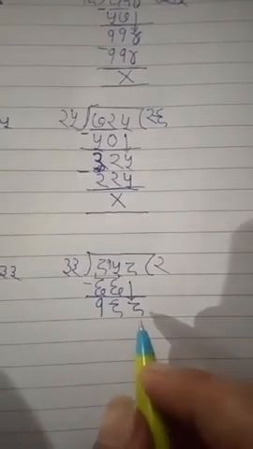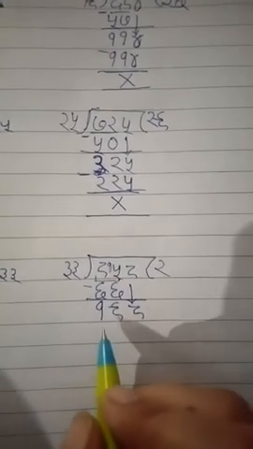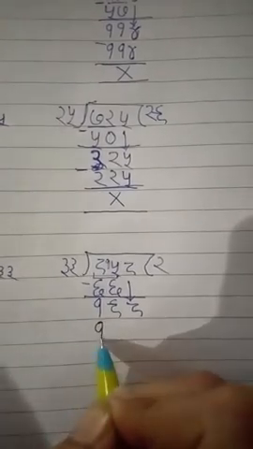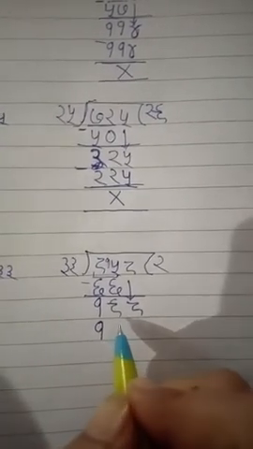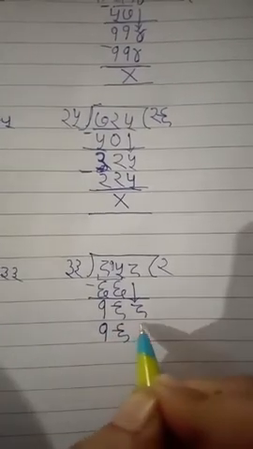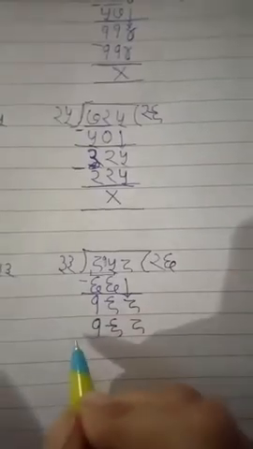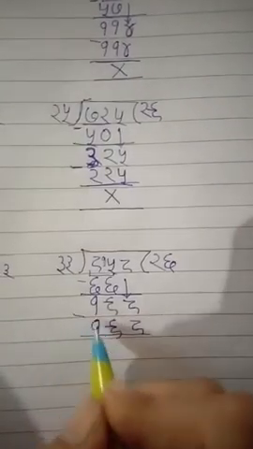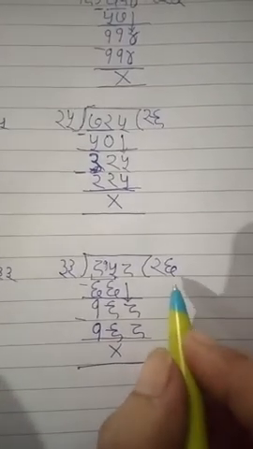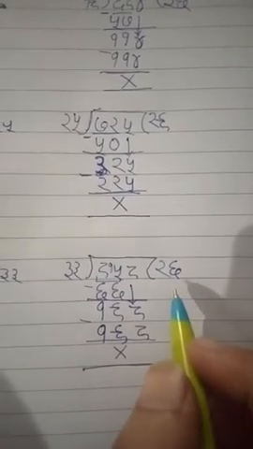We know that 198 lies in the table of 33 in 6 times. 33 6s are 198. Both numbers are the same, so again the remainder is 0 and the quotient is 26.